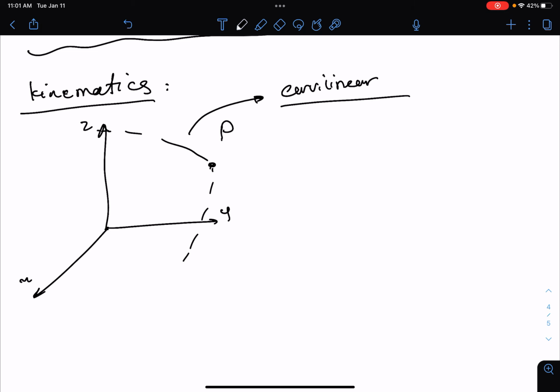A path that changes in more than one of the coordinates. So it can change in both x and y, or x, y, and z. So a rectilinear path can also change in x, y, and z, right?